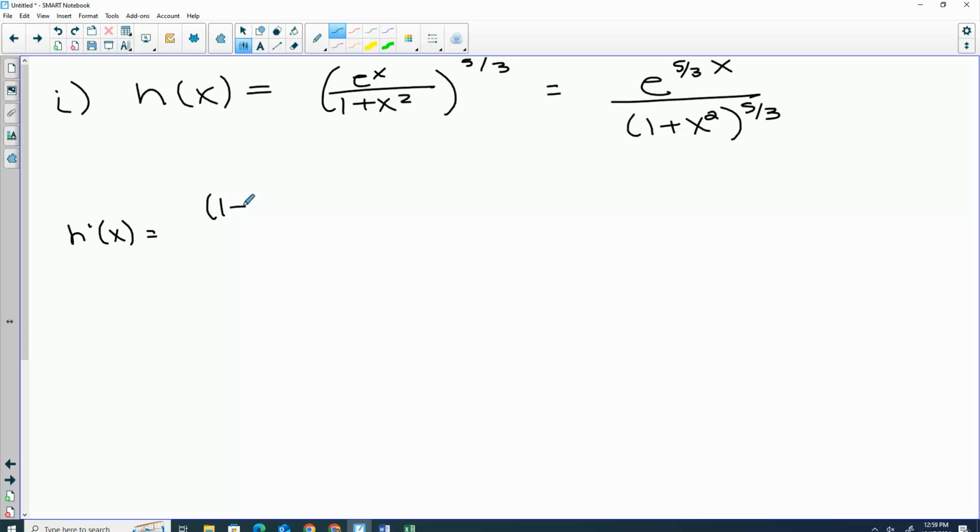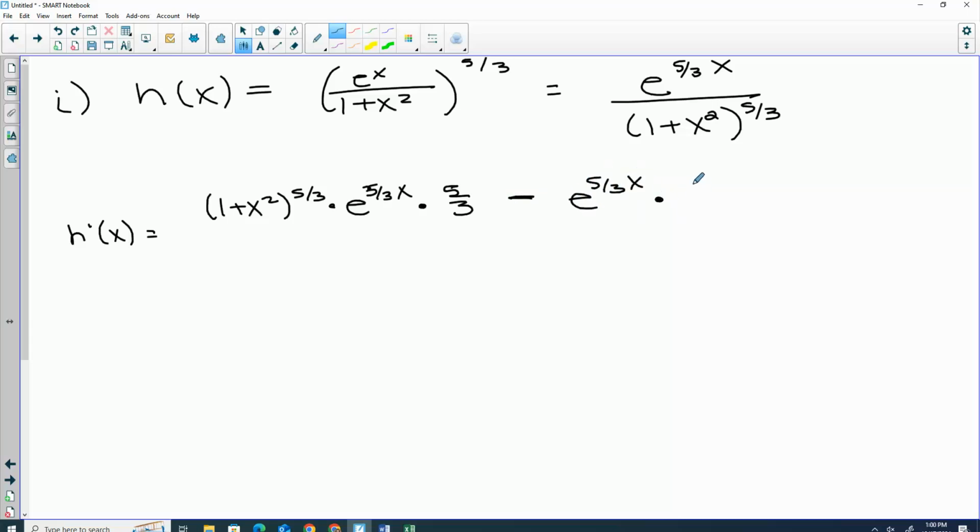Low d high. Derivative of e to the power is still e to the power, but we have to do chain rule. So times the derivative of 5/3 x, which is 5/3. So that's low d high minus high d low.